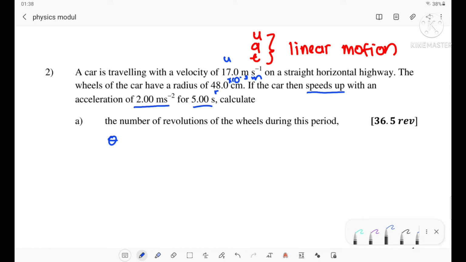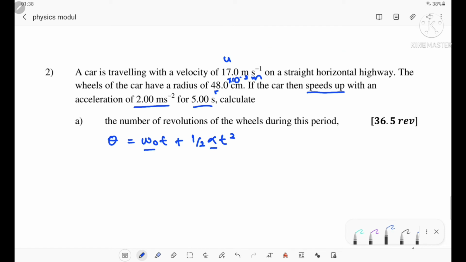So we're going to use the third equation: theta is equal to omega naught t plus half alpha t squared. That means you need to calculate omega naught and alpha to solve this question. But from the question we are given u, a and t, so you need to calculate omega naught first.